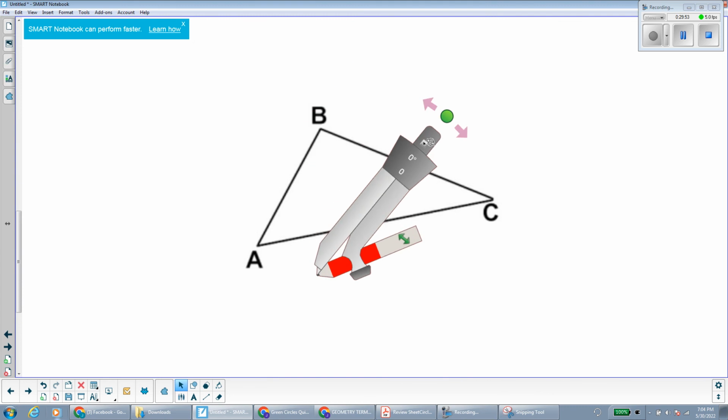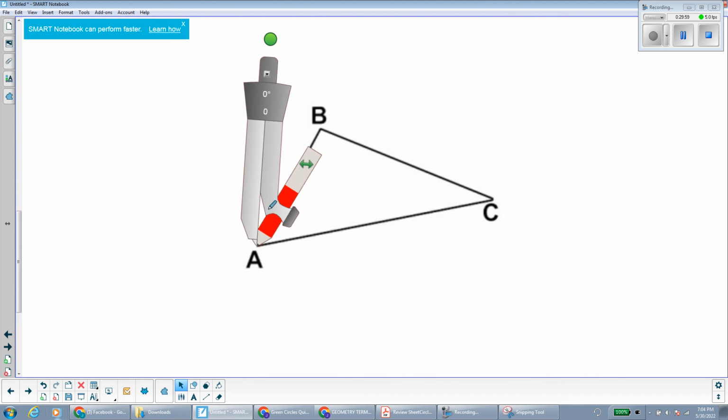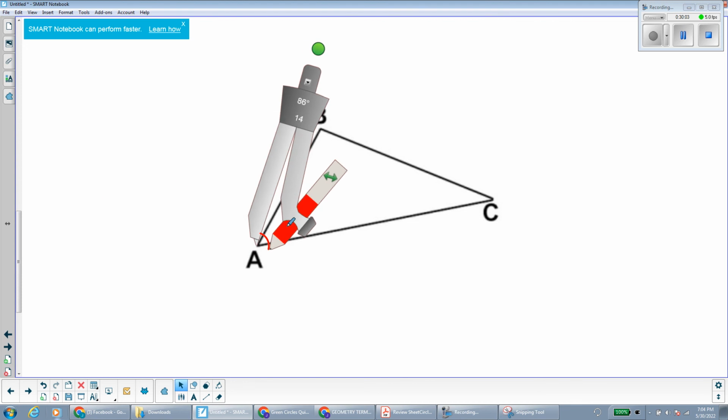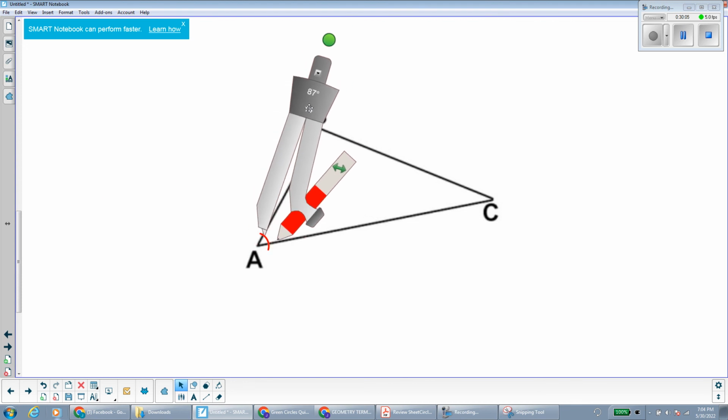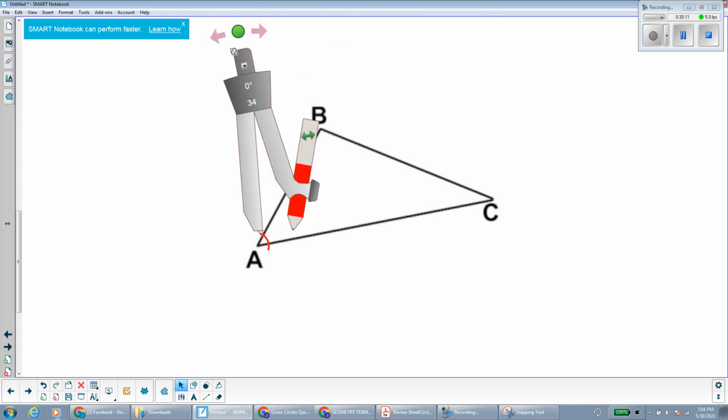I'm going to try to do all three because I want to get as accurate as I possibly can. So all I'm going to do first is make an arc. This is not going to be accurate anyway because I'm using the computer. And I'll just open it up a little bit more. It doesn't really matter how far you open it to do an angle bisector.